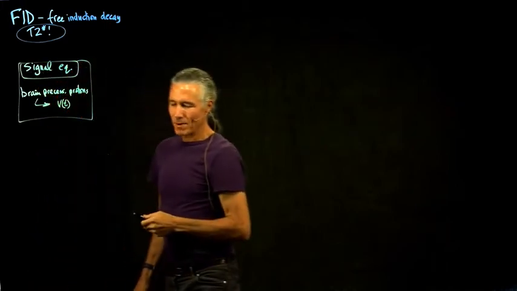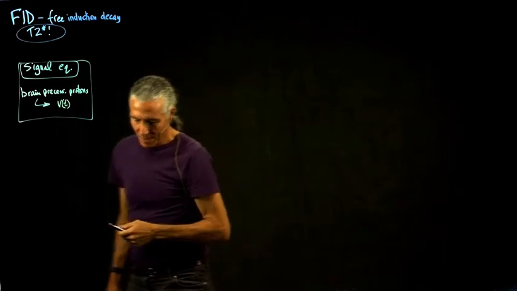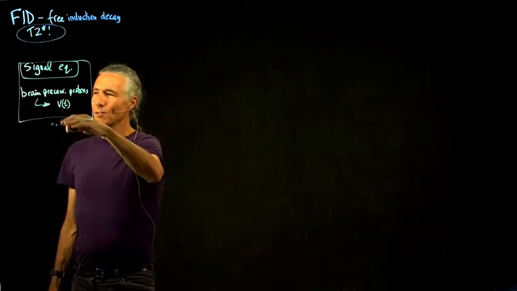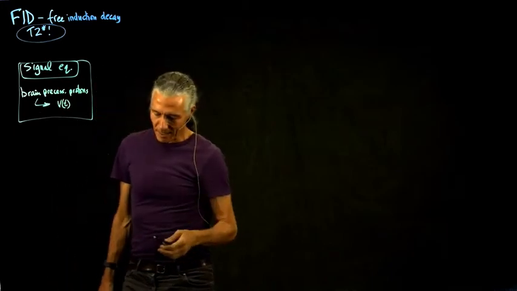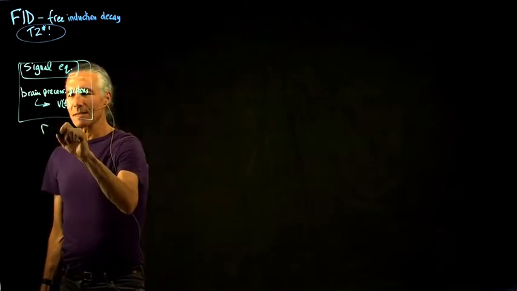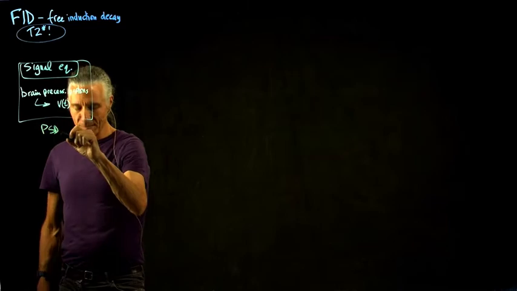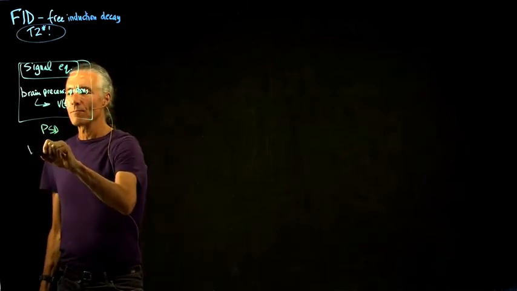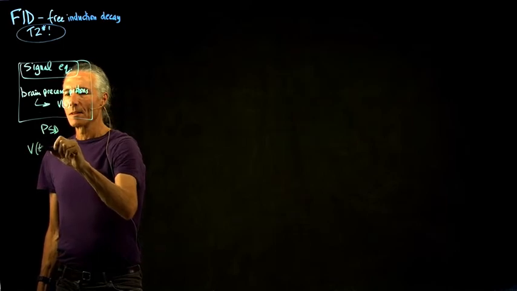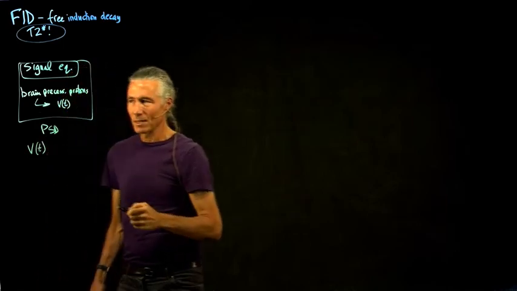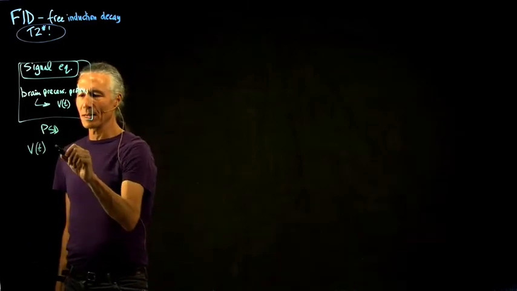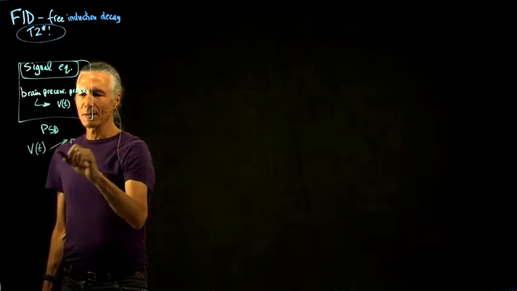And when we were talking about that, we kind of glossed over the phase-sensitive detection, and then we said, but here's how the phase-sensitive detection works. We have one voltage coming out of that coil from the sum of all the precessing protons, and we turn it into this real and imaginary.